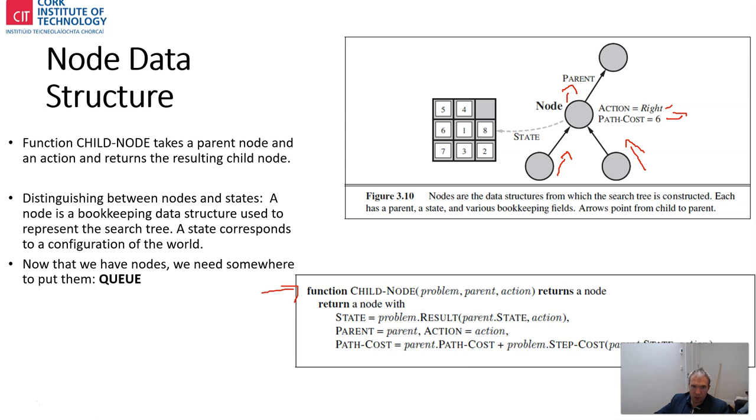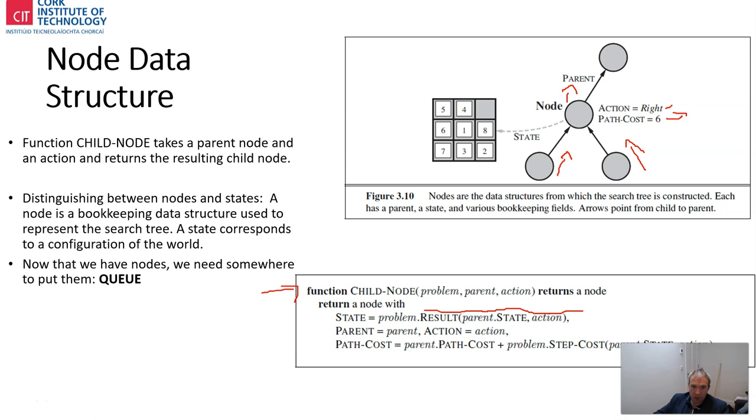So let's look at the function. Child node takes in problem, parent, action, returns a node. Okay. Return a node with state, problem, result state, parent.state, and action. And again, our environment is known, the world is deterministic. So we can say what the result will be of taking this action given our current state, which is derived from the parent. Parent equals parent, action equals action.